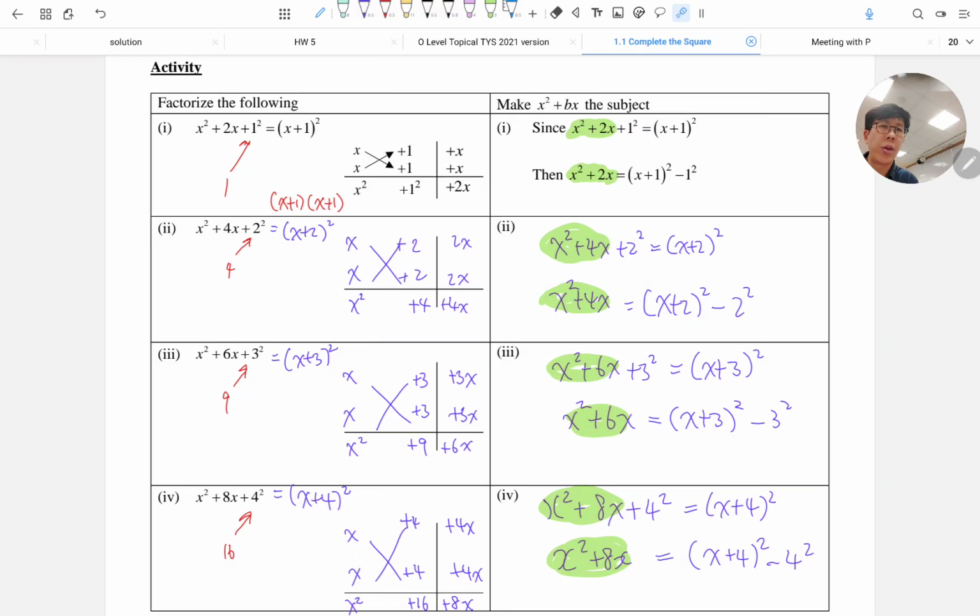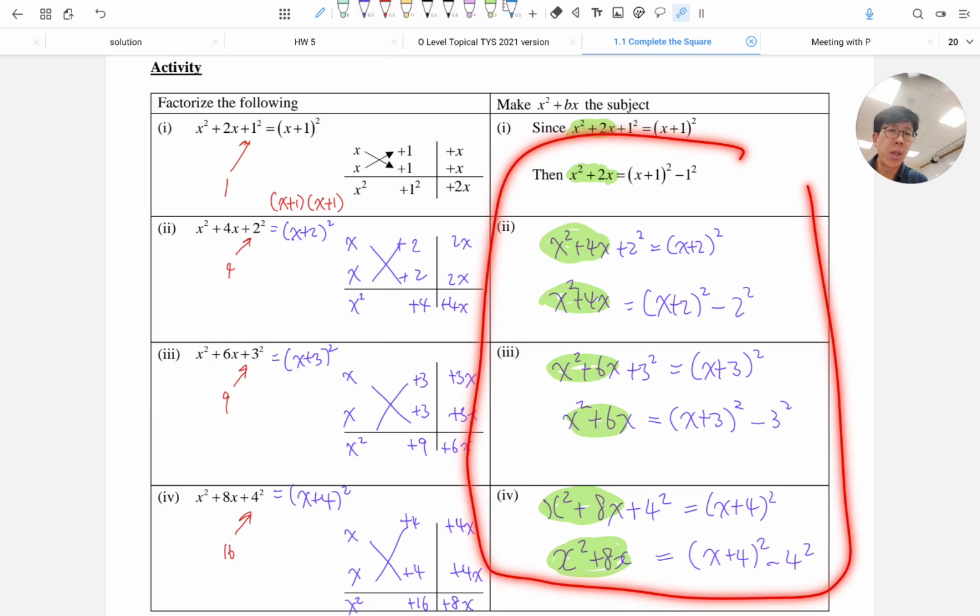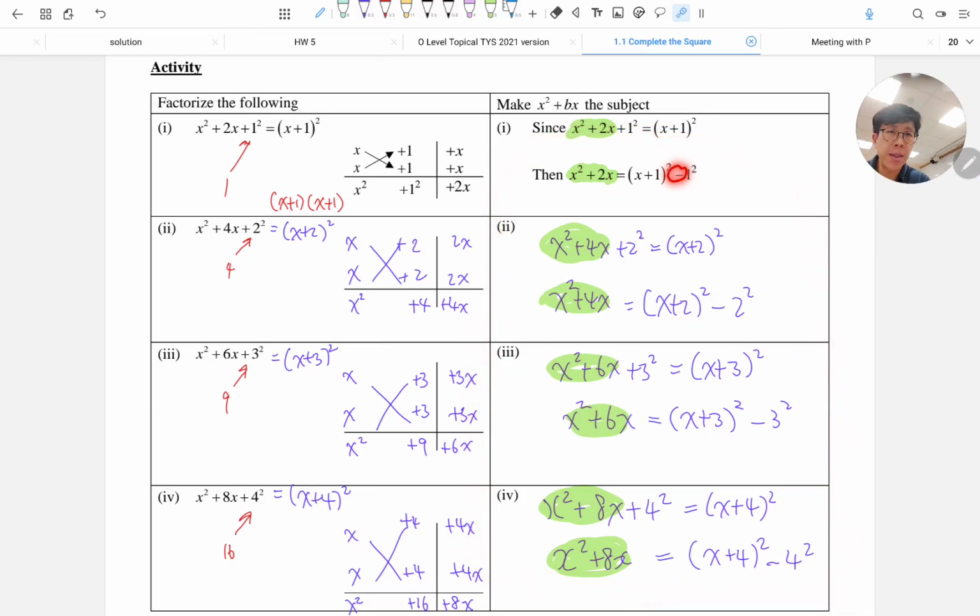Now first, do you see that when there's a plus here, this is also a plus. Plus and plus. That's one pattern. Now second pattern, do you see that no matter which question we're talking about, there is always a minus here? Minus, minus, minus. That's the second pattern.